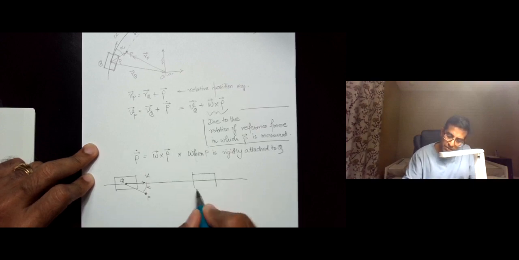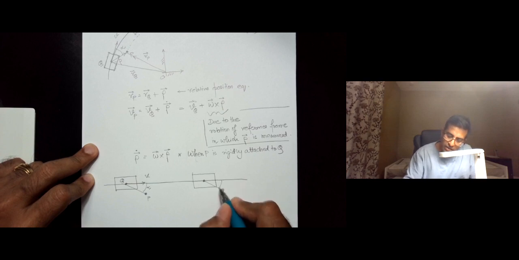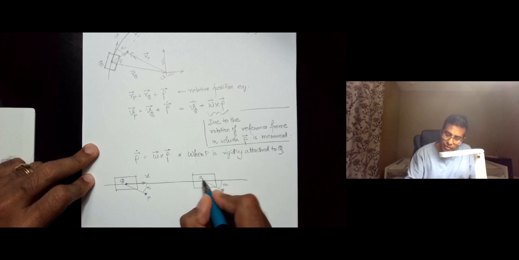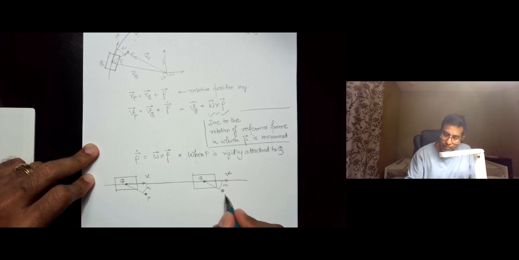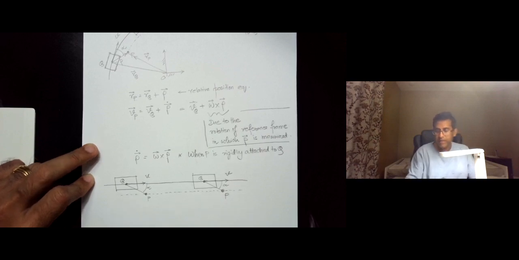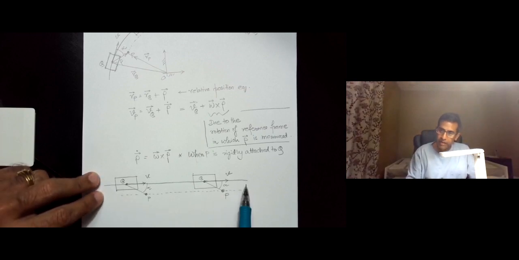After some time, here is the position of Q. It is still moving with the velocity v, and this is the position of P. If you consider the locus of P, it is completely parallel to this line.